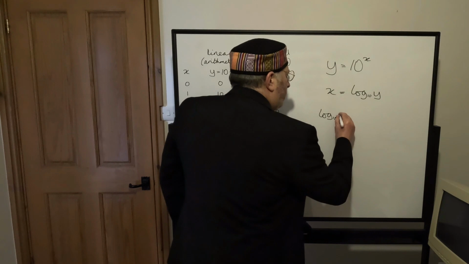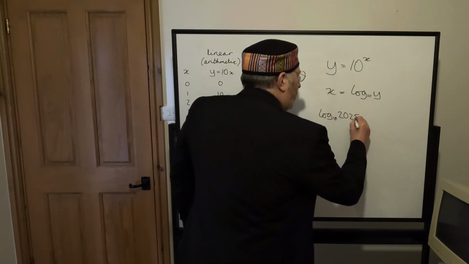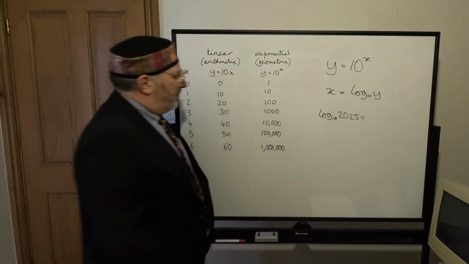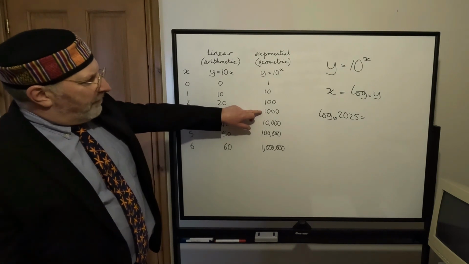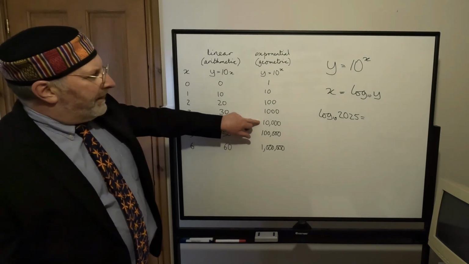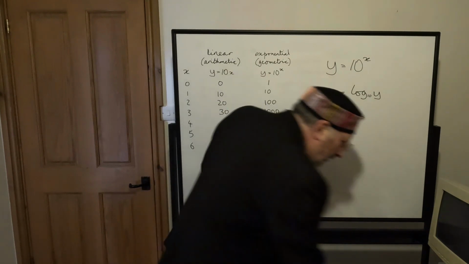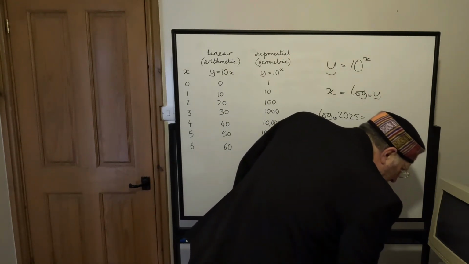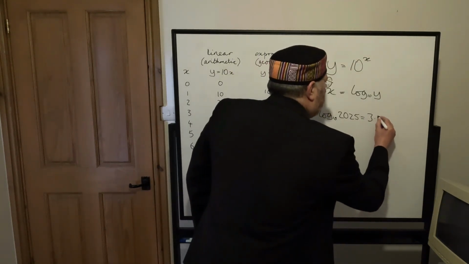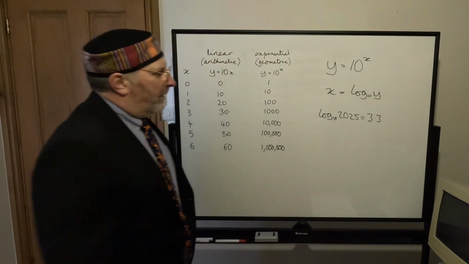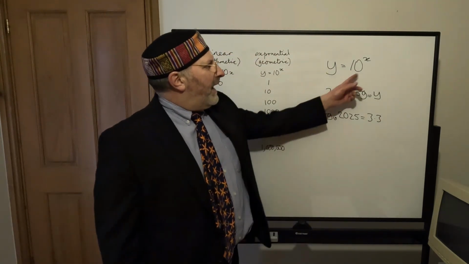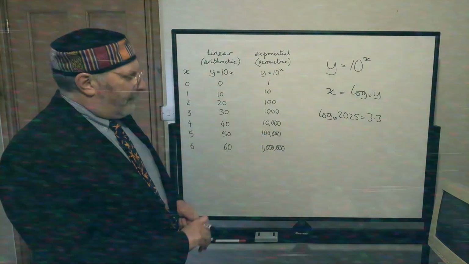So, the logarithm to base 10 of, say, 2025 would be somewhere between 3 and 4. And I've written it down. It's about 3.3. So in other words, 2025 is 10 to the power of 3.3.